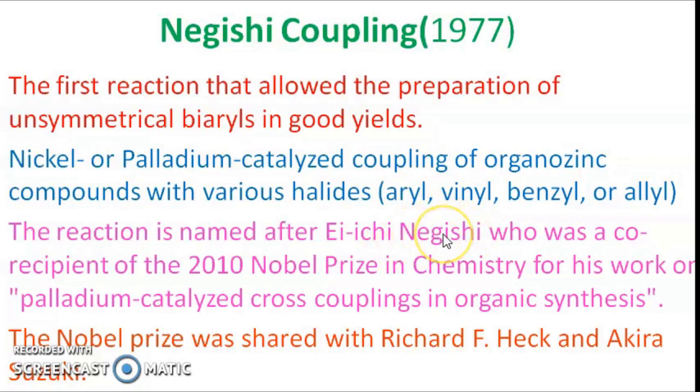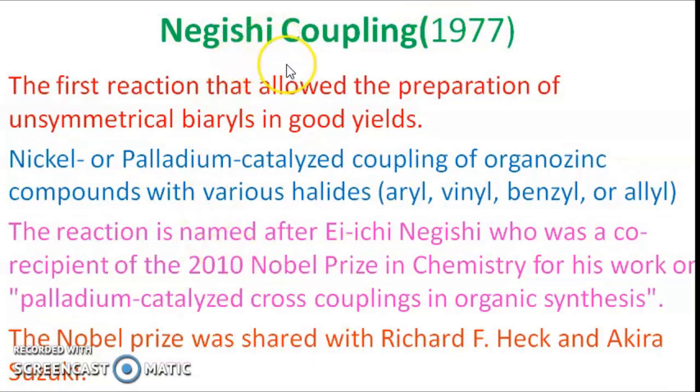He was part of the team working on palladium-catalyzed cross couplings in organic synthesis. Negishi got the Nobel Prize. He shared the Nobel Prize in the year 2010, along with Richard Heck and Akira Suzuki, for the same work. So the work was done in 1977, and they got the Nobel Prize in 2010.